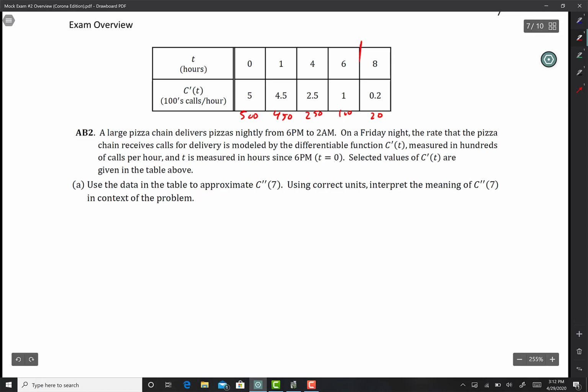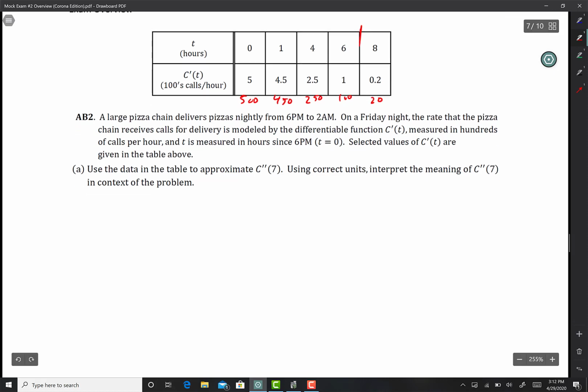Alright, 7 is between 6 and 8. So I'm going to write c prime prime of 7 equals, let me rewrite what I'm doing first, c prime of 8 minus c prime of 6 divided by 8 minus 6.